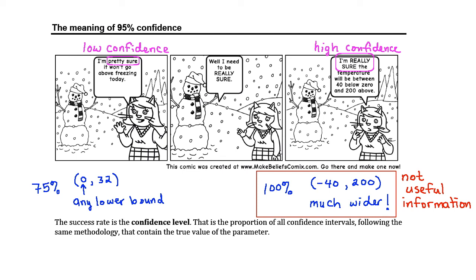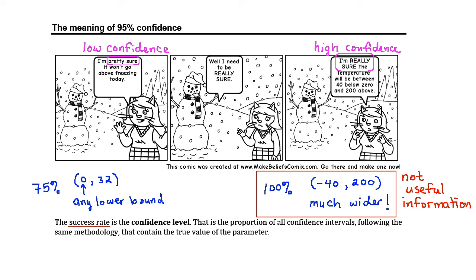And so the success rate, we could call this a success rate, is what we think of that confidence level as meaning. What this means in this context is that if she were to estimate an interval for the temperature on 100 different days, then if we have 75% confidence, we think that 75% of the time she would be right.